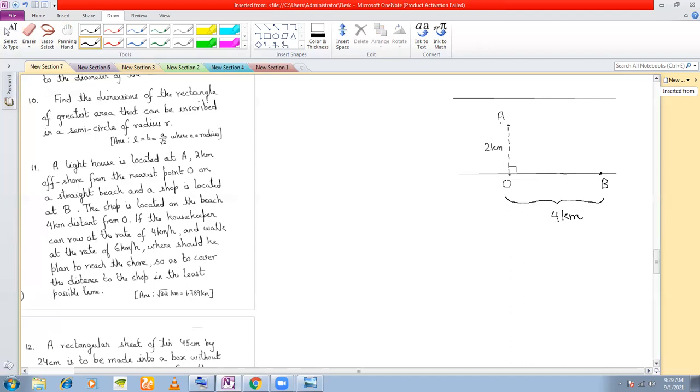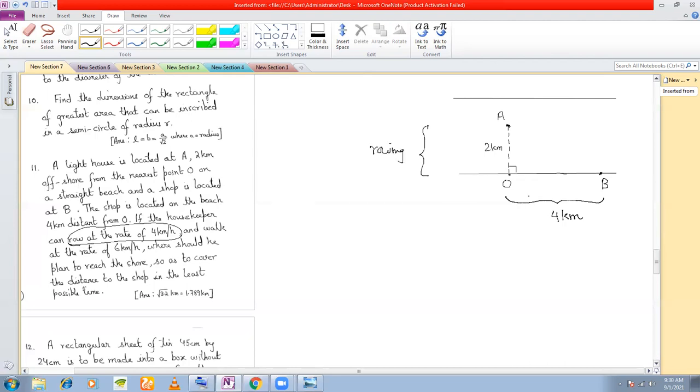Now from A, the housekeeper of the lighthouse is traveling. So all this is water, right? This distance AO he has to cover by swimming, or rather he can row, at the rate of 4 kilometers per hour. So this distance needs to be covered by rowing.